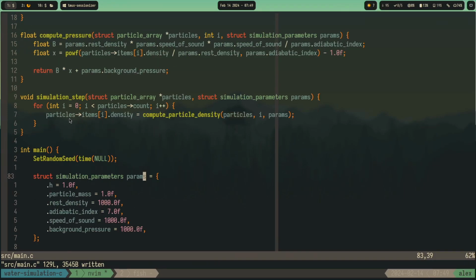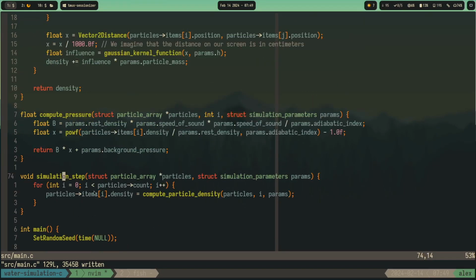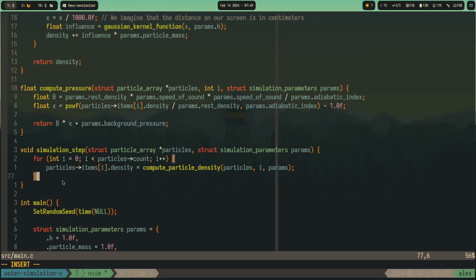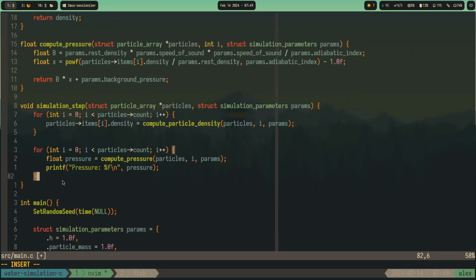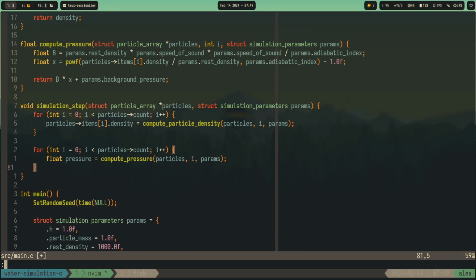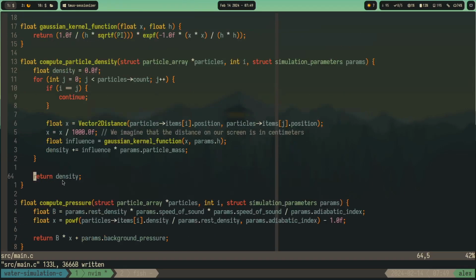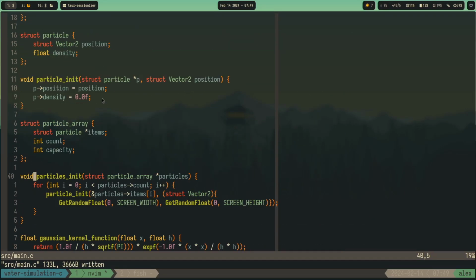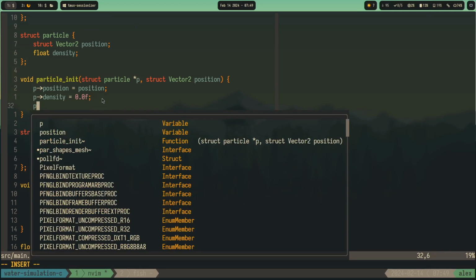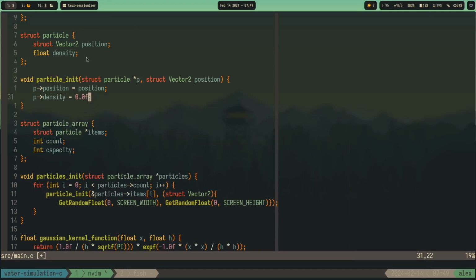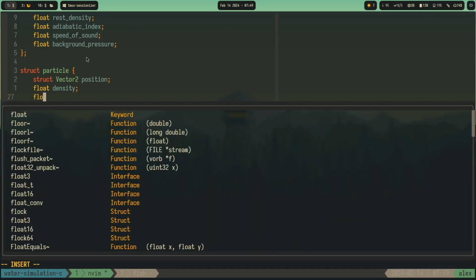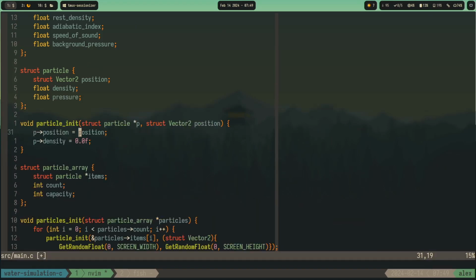So let's go into the simulation step and do another for loop, and this time get the pressure. And oh, of course, let's put the pressure on the structure.